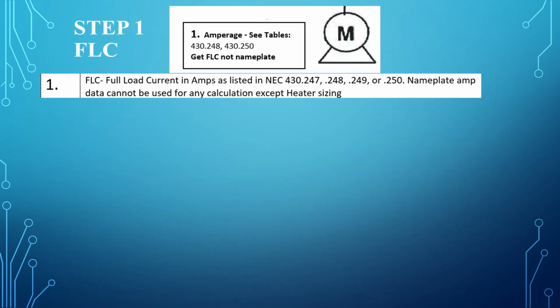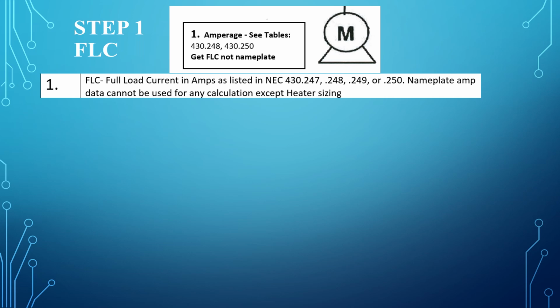Our first step in finding what size wires and what size breakers we need for a motor is to know what current that motor draws. To do this, we're going to look in the tables listed in 430.247 through 430.250, depending on what kind of motor it is, to pull that amperage from.